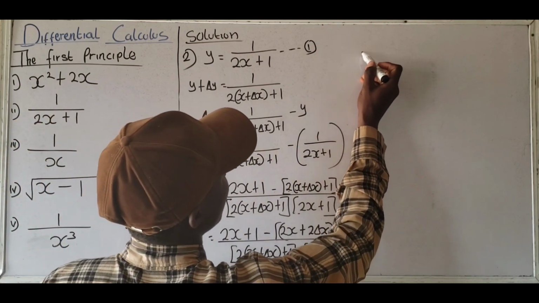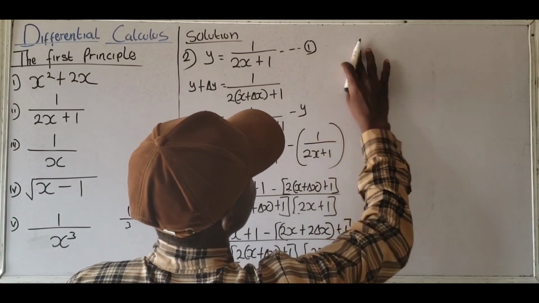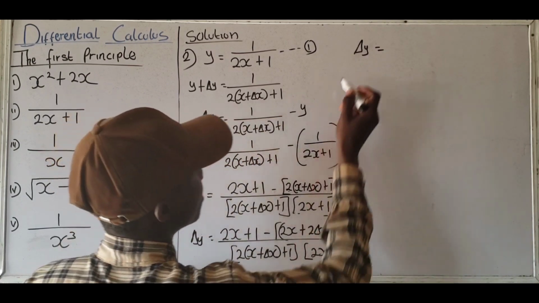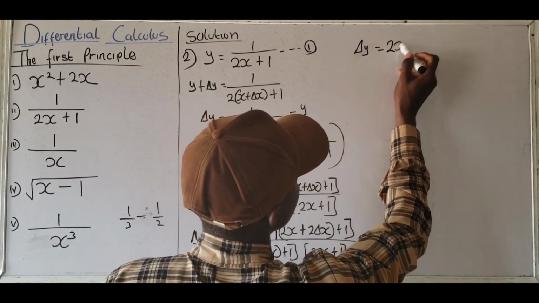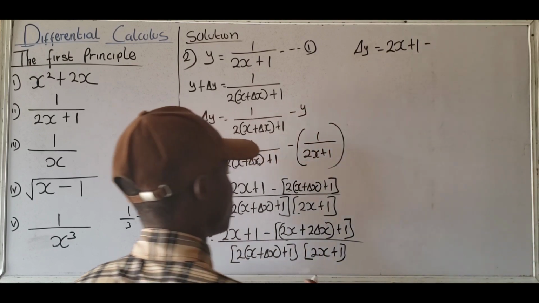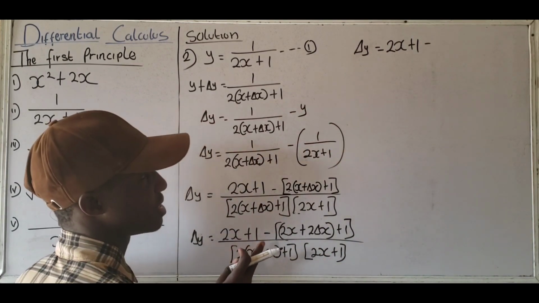Now, delta y is equal to, okay, I'm going to have 2x plus 1 minus, okay, let us use the negative sign to open the bracket.